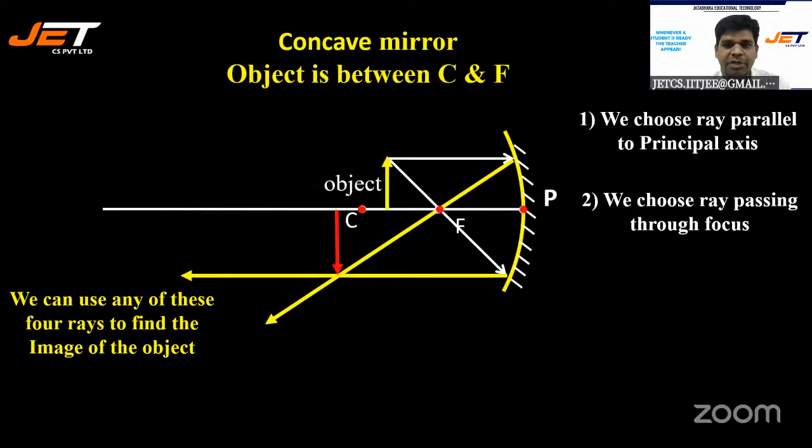The intersection gives me the image. Now look at the image again. The image is moving away from the mirror. The object has moved closer to the mirror, and the image has moved away from the mirror. And also it is enlarged this time.